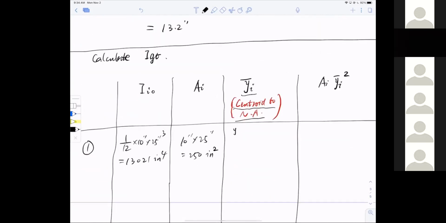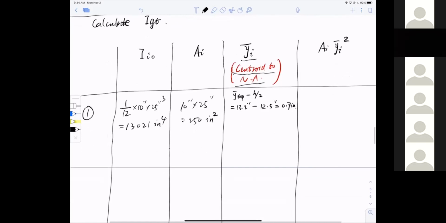This is y top minus h divided by 2, so 13.2 inches minus 25 divided by 2, which is 12.5 inches. I have 0.7 inches, pretty close. Now Ai yi squared: this fellow multiplied by this fellow squared, so 250 multiplied by 0.7 squared. I have this number to be 122.5 inch to the power 4.